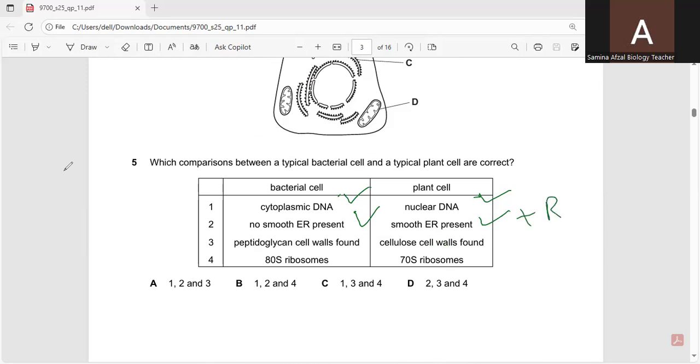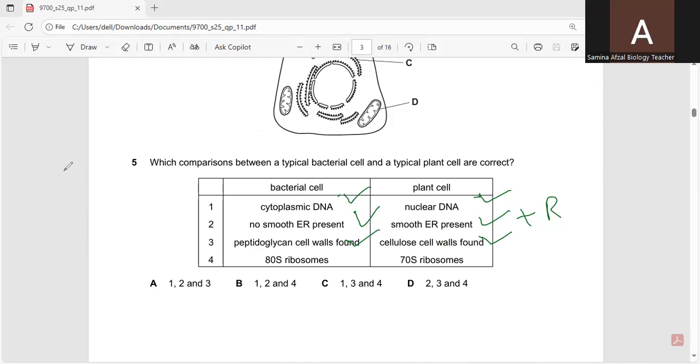So in bacterial cells, smooth endoplasmic reticulum is not present. Peptidoglycan cell wall found: the cell wall of the bacteria is made up of peptidoglycan instead of cellulose. So this is correct. Cellulose cell walls are present in plant cells. Cellulose is present in the cell walls of the plants.